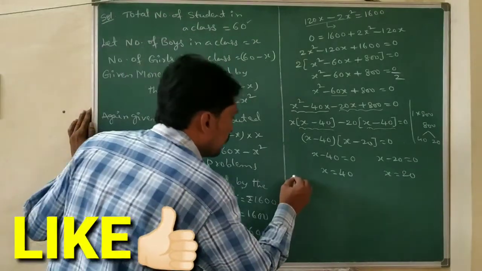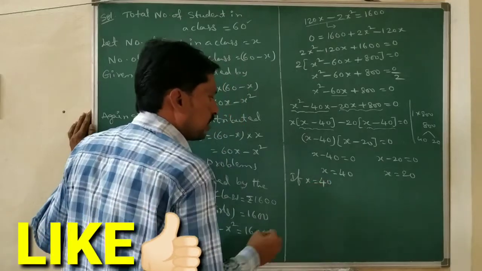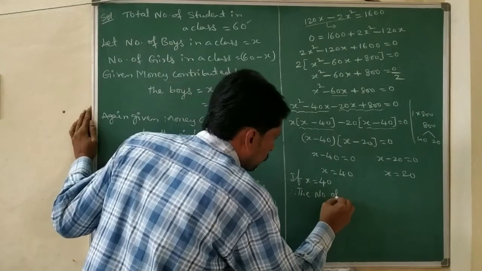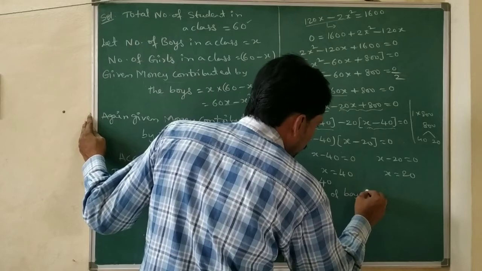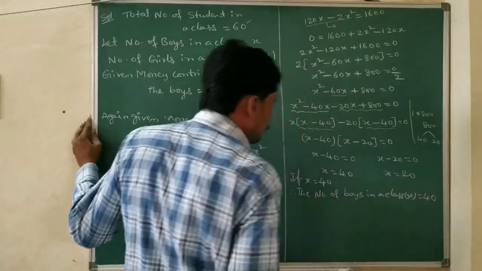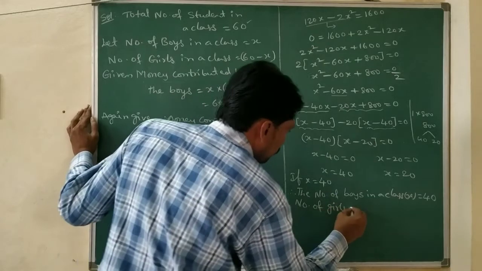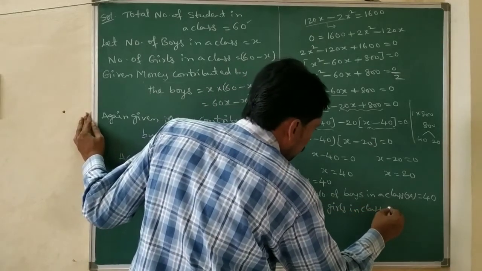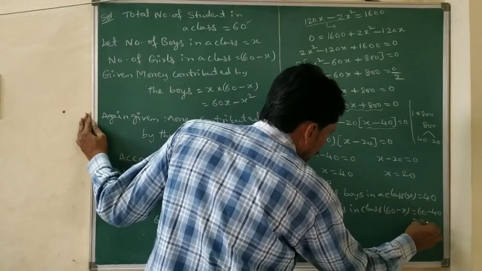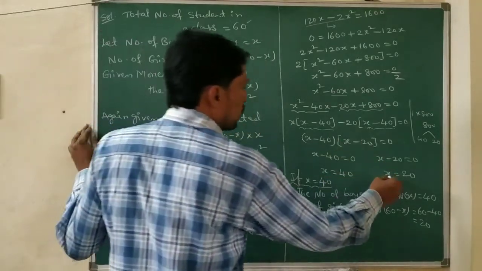Now if x equals 40, taking x as 40, therefore the number of boys in the class equals x equals 40. Number of girls in the class is 60 minus x, equals 60 minus 40, that equals 20. Next, now take x value 20.